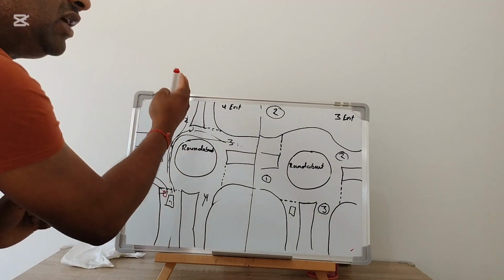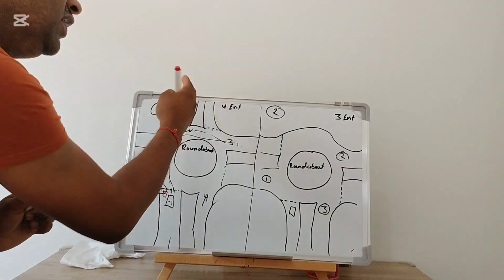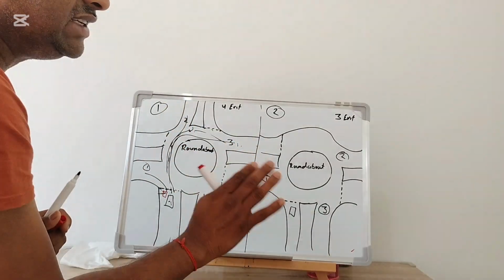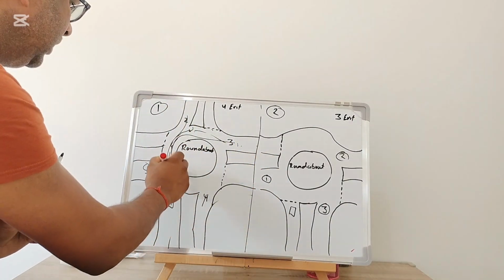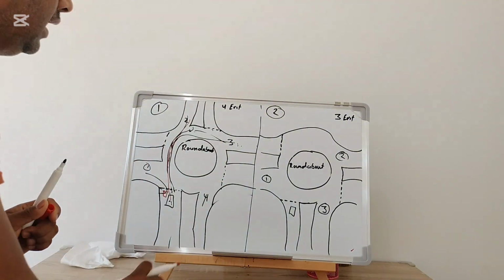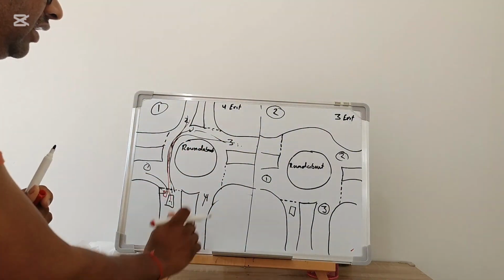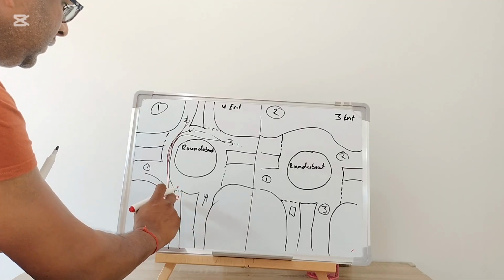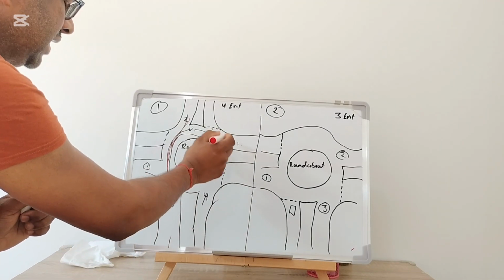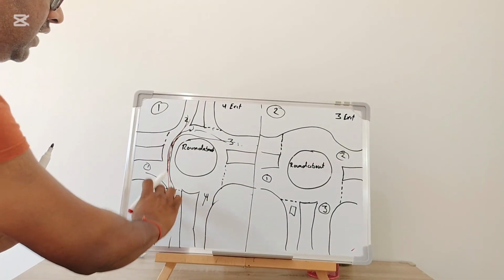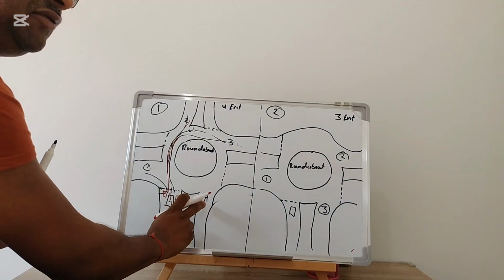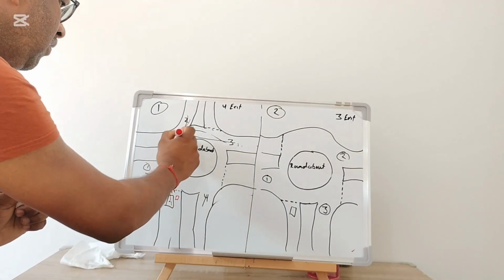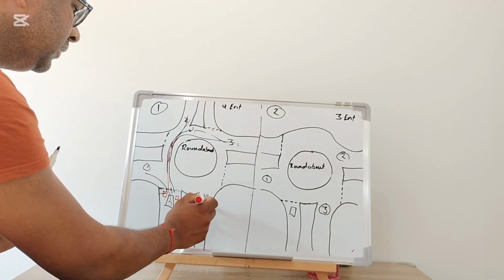Now when you go to the roundabout going straight or taking the second exit, there is no signal required. When you're turning right or taking the third exit, you need to give a right signal. And when you're performing a U-turn or taking exit 4, you still need to give your right signal because you're turning all the way around the roundabout.